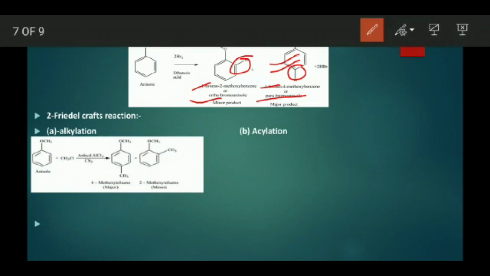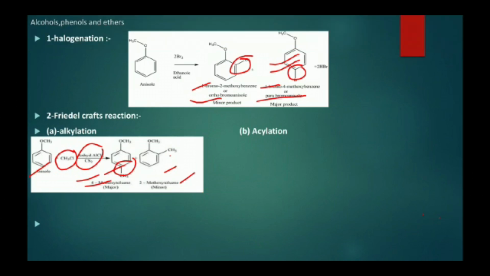In this reaction, anisole reacts with methyl chloride and anhydrous AlCl3. So methyl chloride and AlCl3 form the electrophile CH3 plus, which attacks on the ortho or para position and gives this product. This is 4-methoxytoluene, otherwise this is 2-methoxytoluene. 4-methoxytoluene, the para substitution, is the major product and ortho substitution is the minor product.